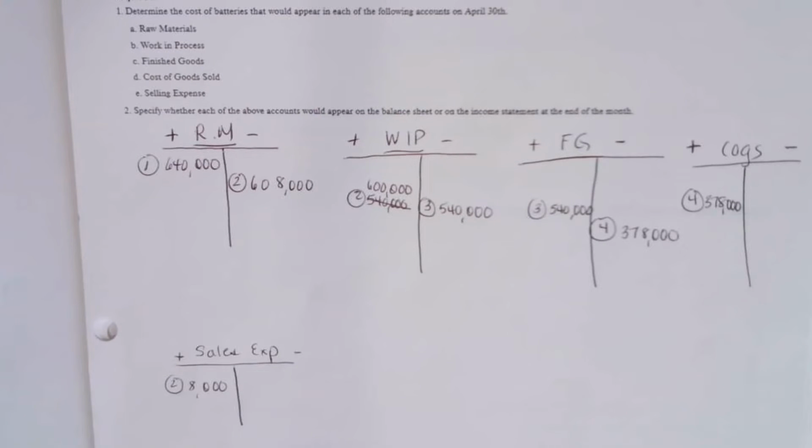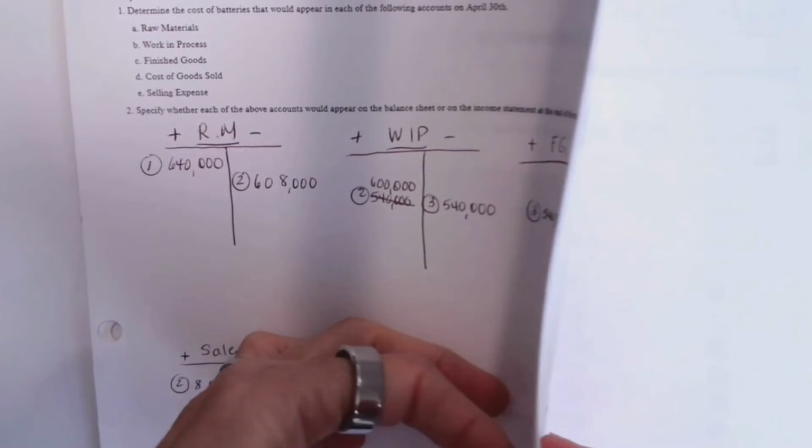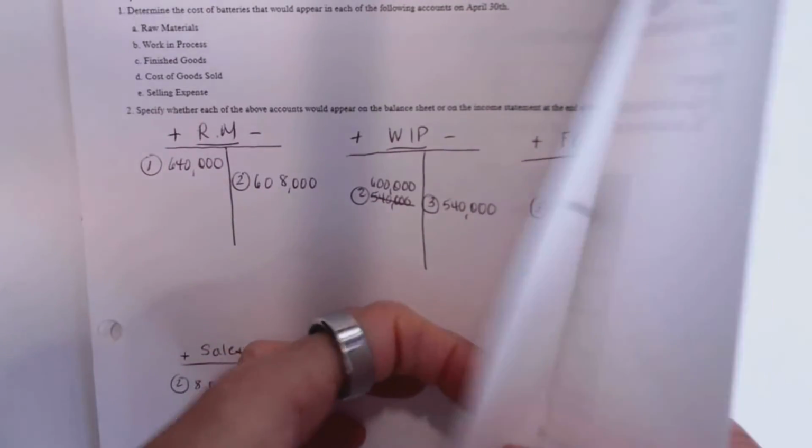Income statement, right? Because it's an expense. And then where would I find this number? Income statement as well, because it's an expense. Good. Questions? Is everybody okay? On the income statement, yep.